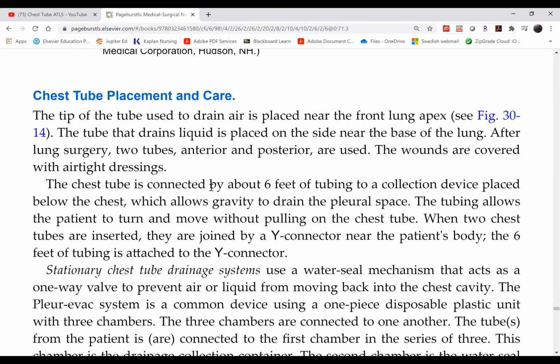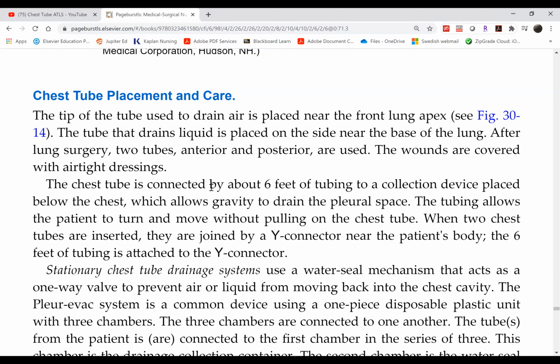The system doesn't have to be on suction 24 hours. The patient is encouraged to ambulate. Ambulation, as you know, will prevent a lot more complications than keeping this patient in bed. Lung expansion is better. You get less chance of pneumonia if the patient ambulates.